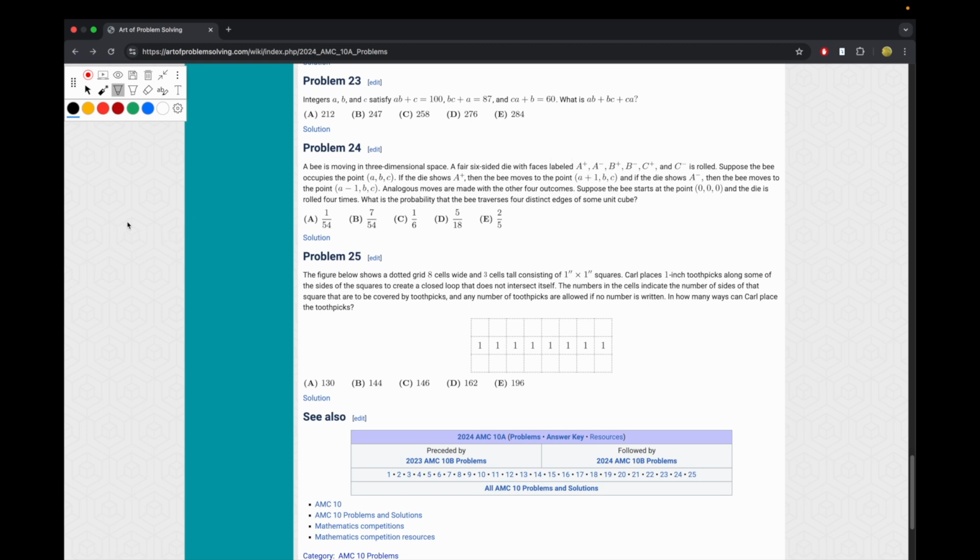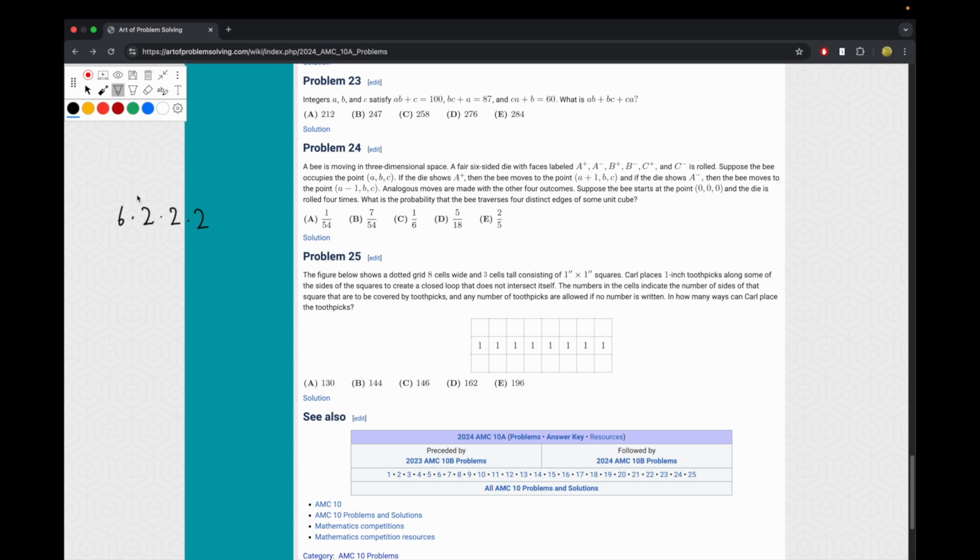No, 6 choices first, right? Because at the point here you can travel anywhere, up and down and right. And then from there, if it moved, we only have 2 choices left. And from there, we have another 2 choices, and another 2 choices. So this is the total number of cases in which the bee traverses 4 distinct edges of some unique cube.